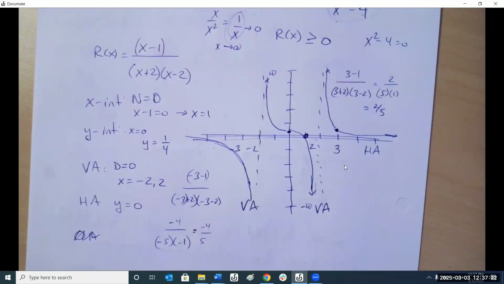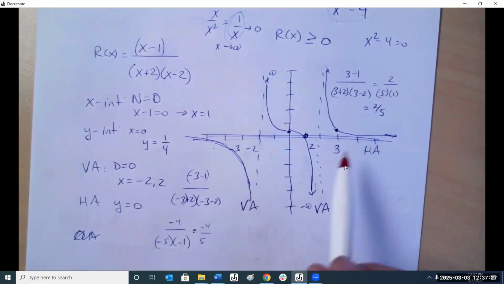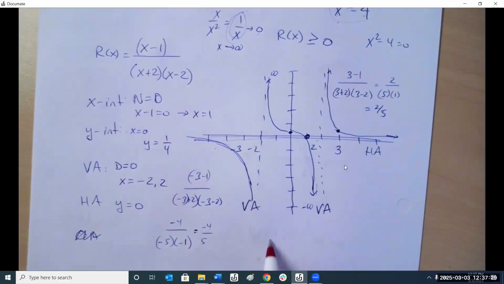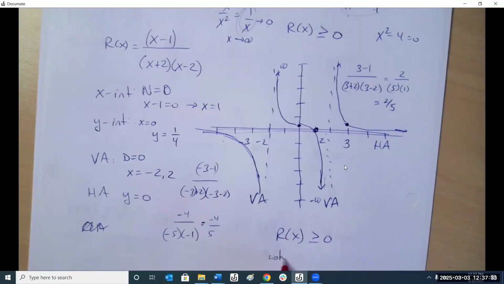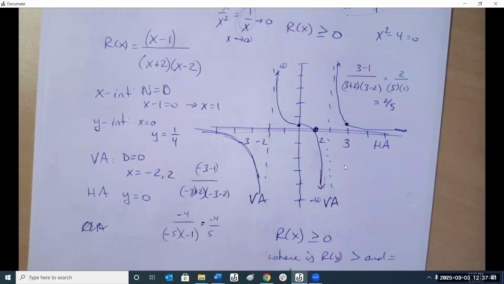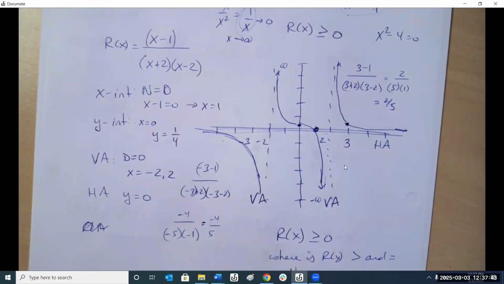R of x is greater than or equal to 0. Now we've got to look at where the graph is above the x-axis. Where is R of x greater than or equal to 0?